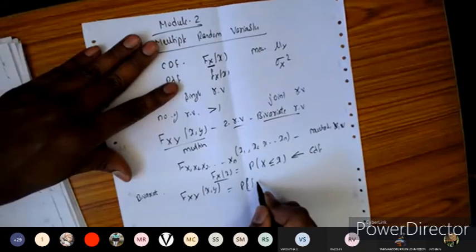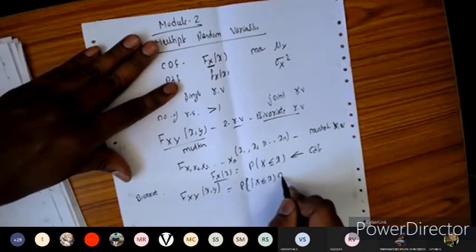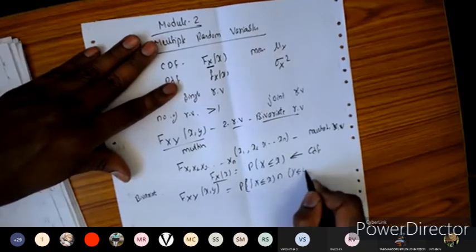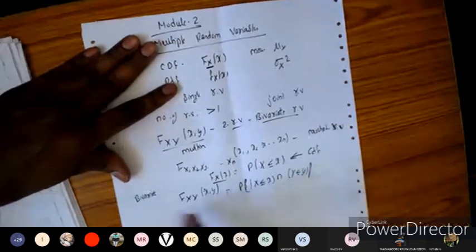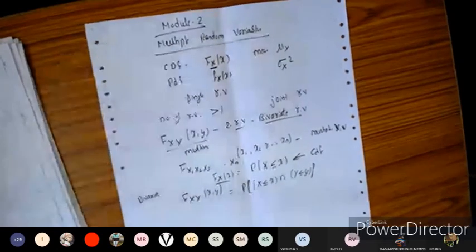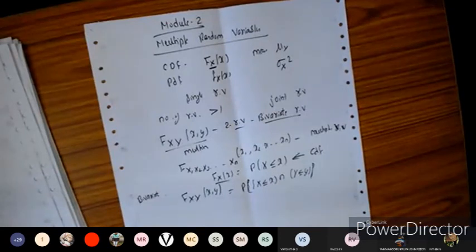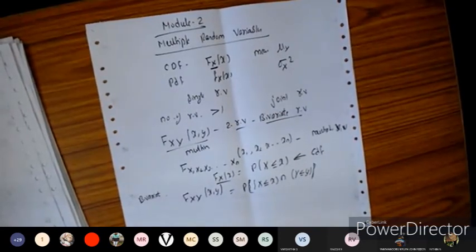It is defined as x is less than or equal to x, intersection y is less than or equal to y. Like this we define the bivariate CDF.